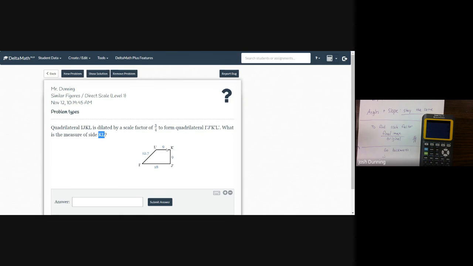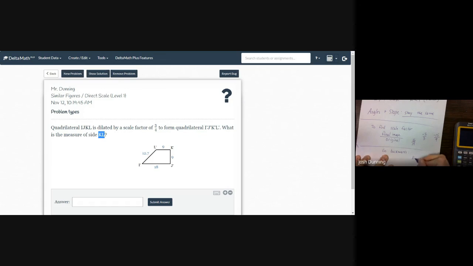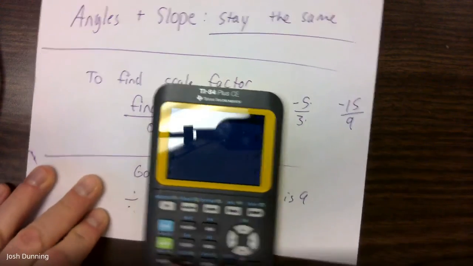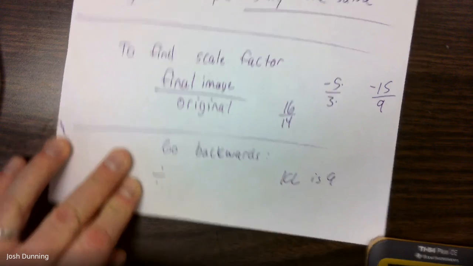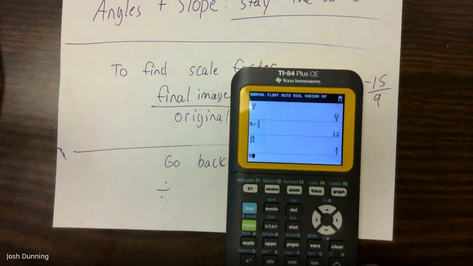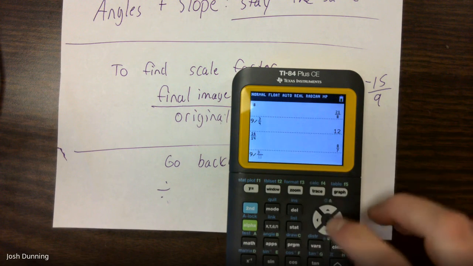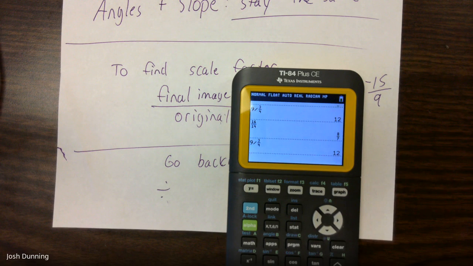So KL is 9, and it says the scale factor is 3/4. So all we want to do, like we said, when you go backwards, divide. KL is 9, so 9. Oh, you can already see it right there. 9 divided by alpha y equals choice 1, 3/4. And it'd be 12.